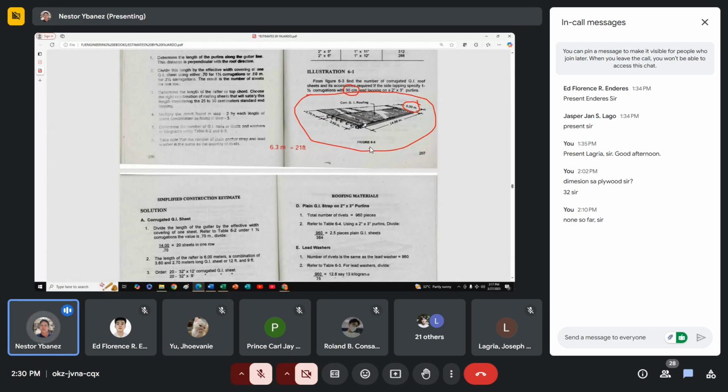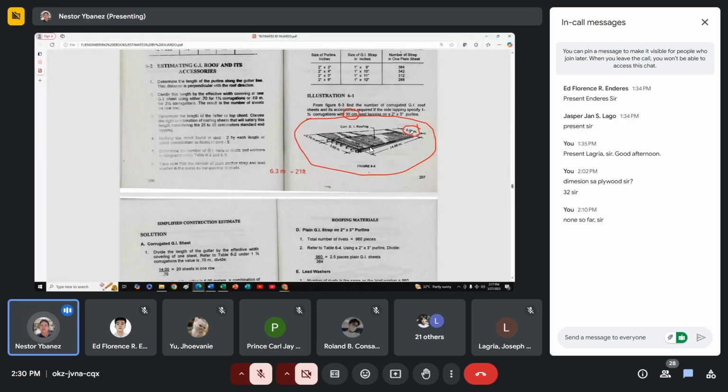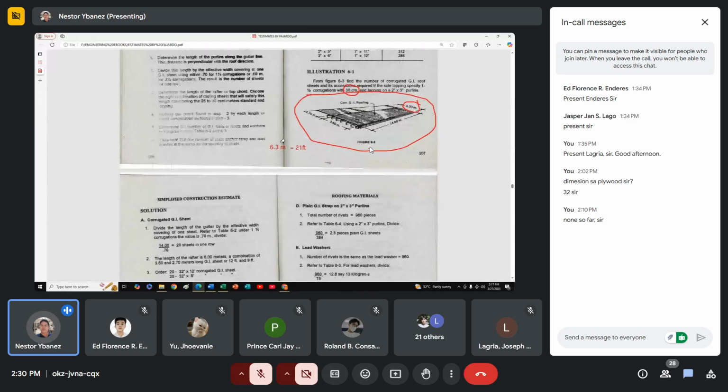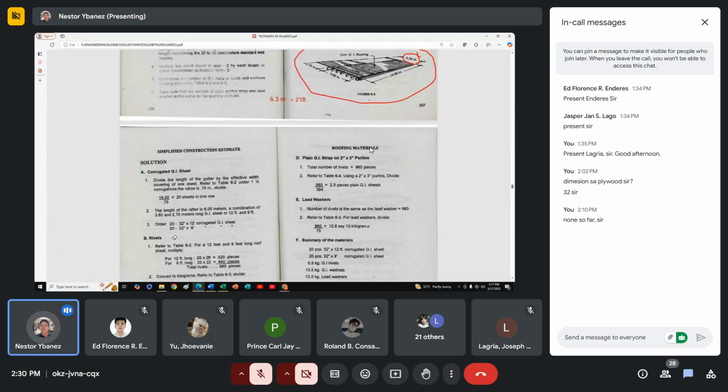So 14 meters divided by 0.7 is 20 sheets in one row. Therefore, there are two rows: one row for 12 feet and one row for 9 feet.